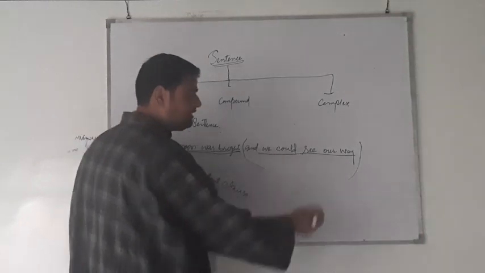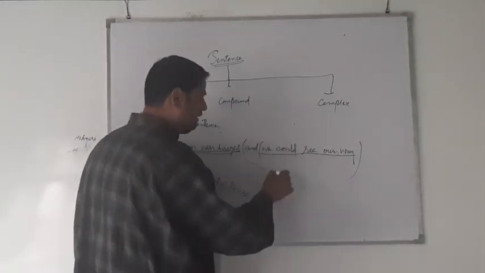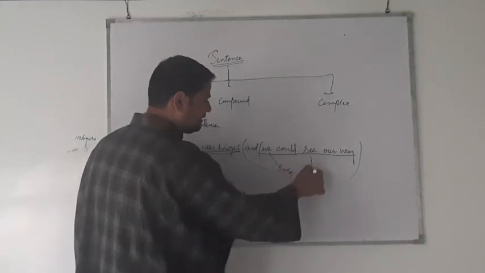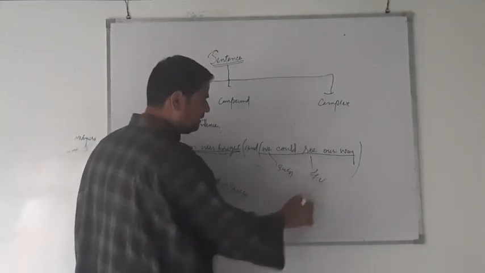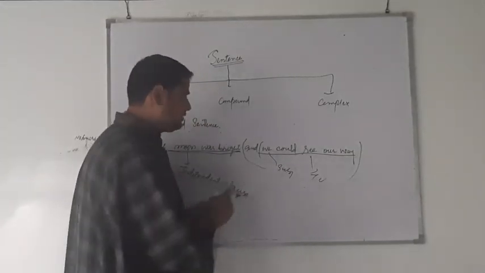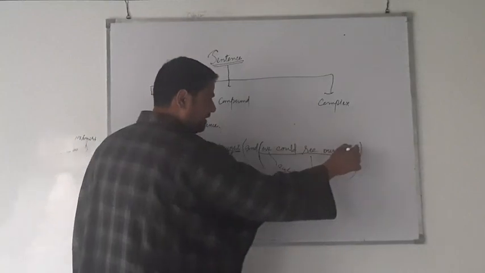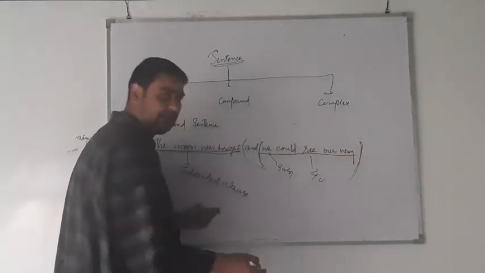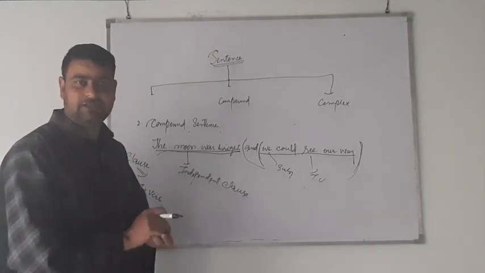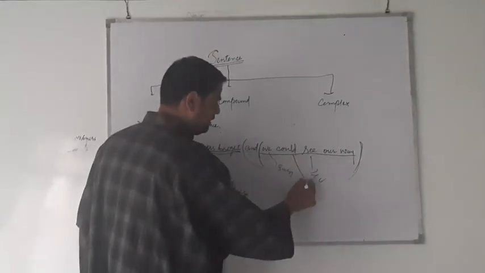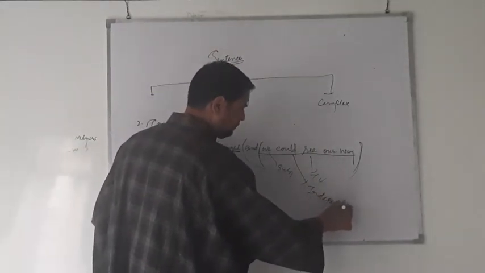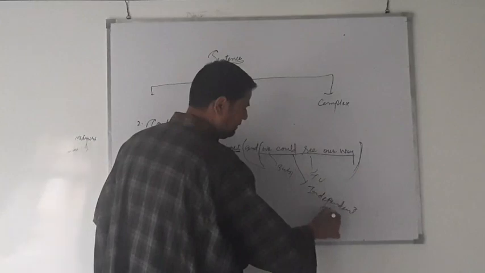And here, we could see our way. Also, there is a subject, there is a transitive verb, and it also gives complete meaning. So when a clause gives complete meaning and does not need help from any other clause, that clause also is called an independent clause.